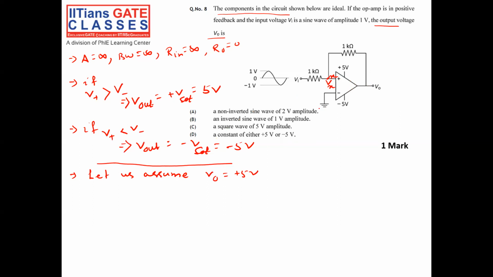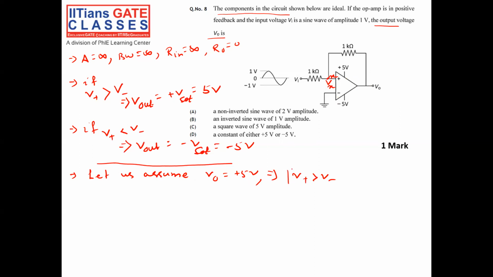So if my V0 is plus 5 volt, then at what point will it come to minus 5 volt? My question is, suppose after switching on my output is plus 5 volt, then what condition is required? When it is plus 5 volt, what I'm assuming is that V plus is definitely greater than V minus.